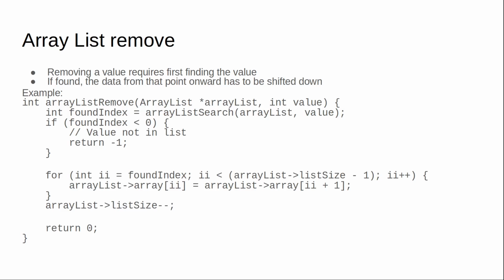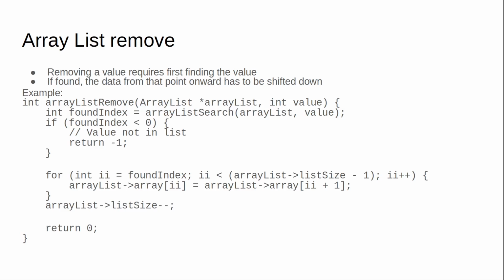If I make it past that, then the index that I found is greater than or equal to 0. So from that point onward, I need to move everything down. Each element from that point onward, I'm going to set equal to its neighbor one after that. So this is literally an index for index copy all the way down.